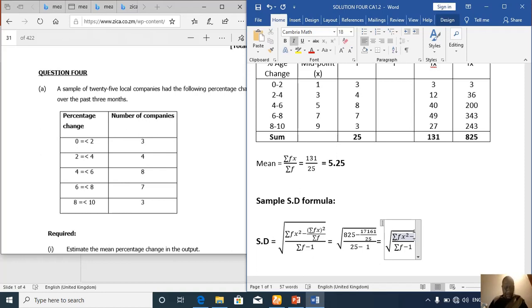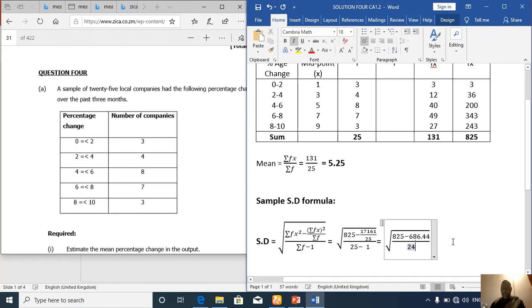So 686.44, that's the value that you're going to have here. Then summation fx squared remains 825. Then the denominator here, 25 minus 1, is going to be 24.